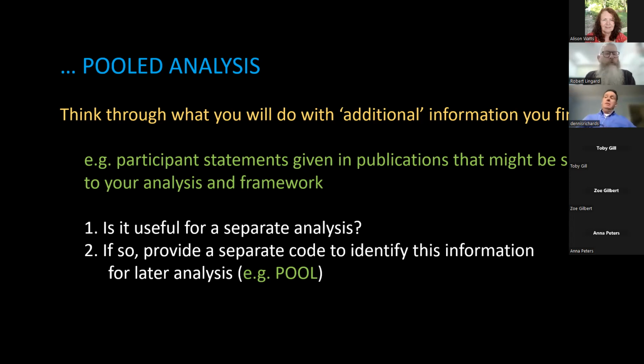So if you would find that useful, then I'm suggesting that you set up a separate code to identify things for later analysis. So when I'm going through these labyrinth documents, one of them in particular said, this is the feedback we got from the kids. It's not a high-level paper that was done social scientifically. It wasn't done in huge detail, methodologically speaking.